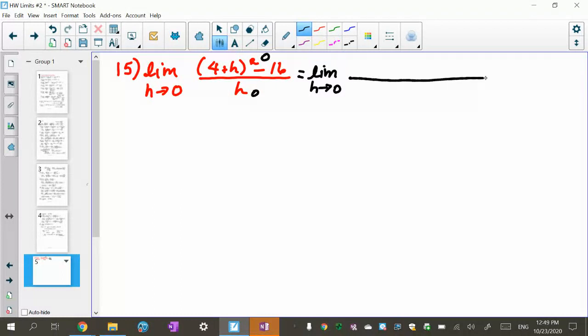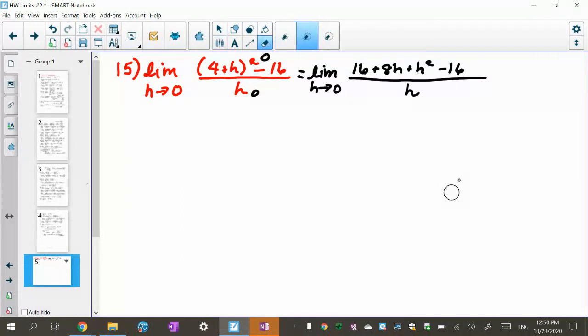And then I actually multiplied (4 plus h) squared out, which is 16 plus 8h plus h squared, minus 16, all over h. And then I look at this and say, oh, cool, thanks for playing. These cancel out. My 16s cancel out.